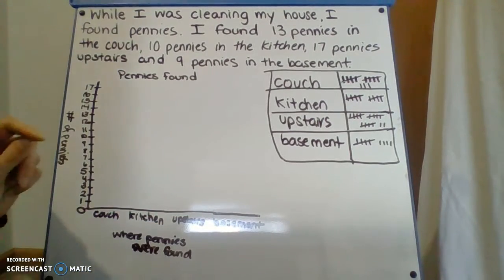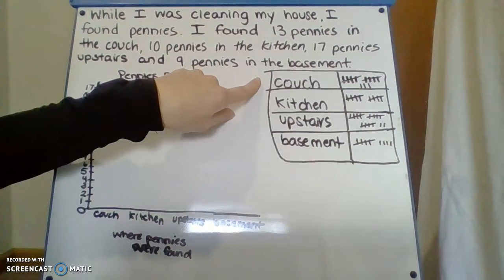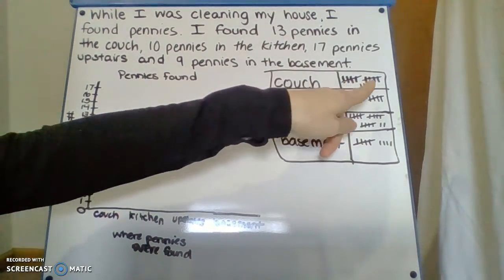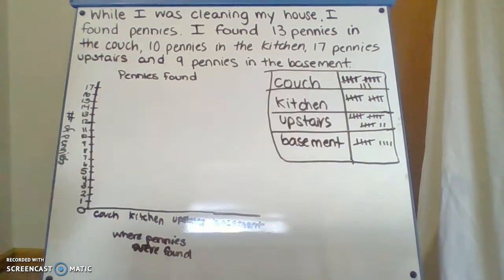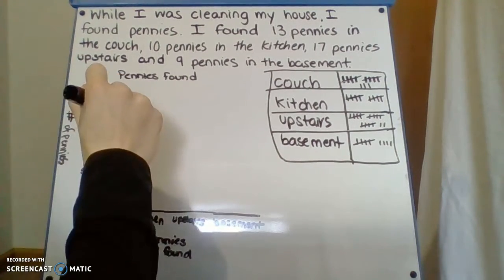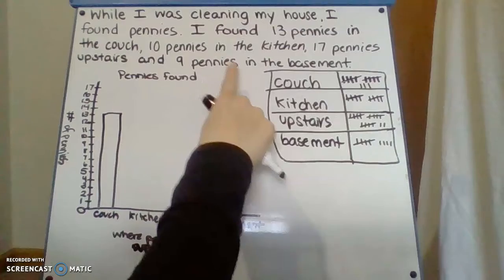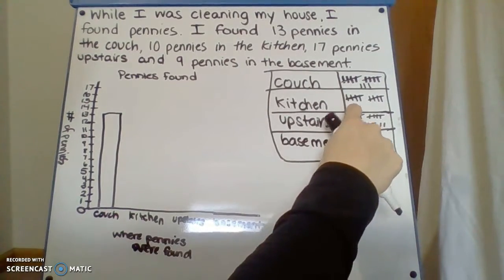So now, after you draw that table, go ahead. You have your couch. We know that our couch has, well, let's count, 5, 10, 11, 12, 13. So I go to the number 13, draw my little line, and then I usually go straight down. Kitchen, 5, 10.